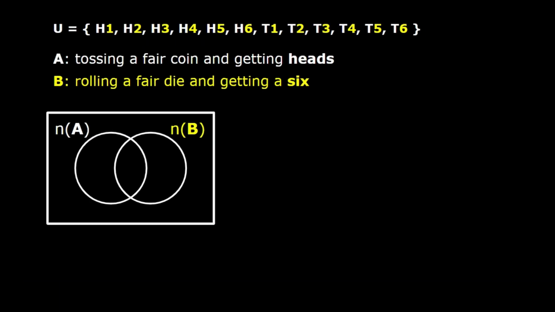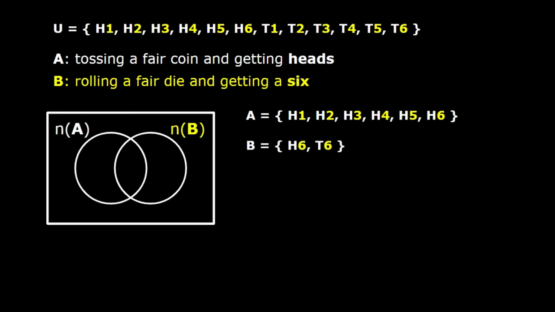Okay, so let's have one last look at our sample space here, and we'll organize it in a Venn diagram. So event A is tossing a fair coin and getting heads, and event B is rolling a fair die and getting a 6. So that will set up these subspaces where A is the 6 outcomes of getting heads on the coin. B is going to be the 2 outcomes where you get a 6 on the die.